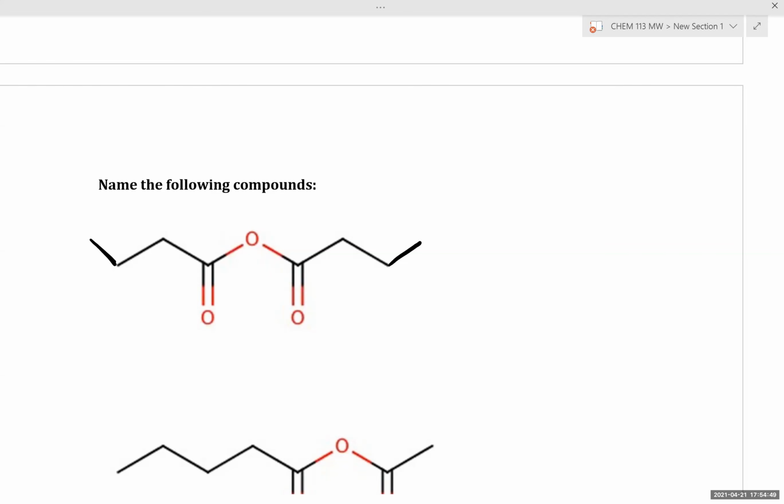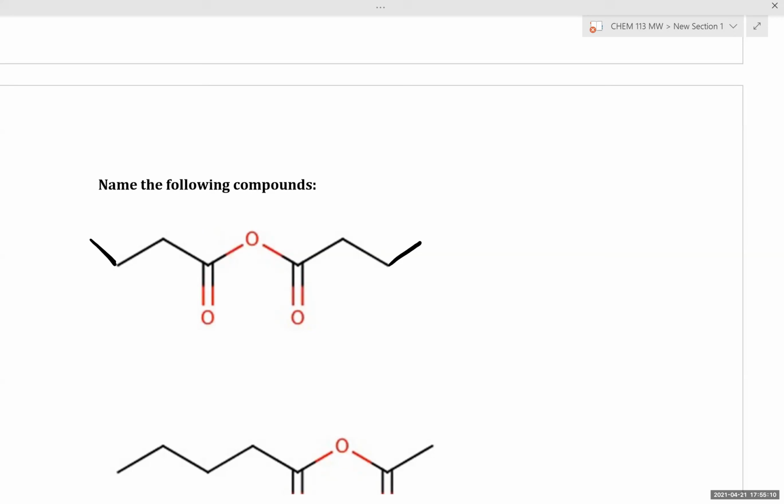So let's take a few minutes and try to name these compounds following IUPAC nomenclature rules. I'd like students to share their proposed responses in the chat or verbally. And if there are any questions that I could help address to advance our discussion, don't be shy to send them my way.